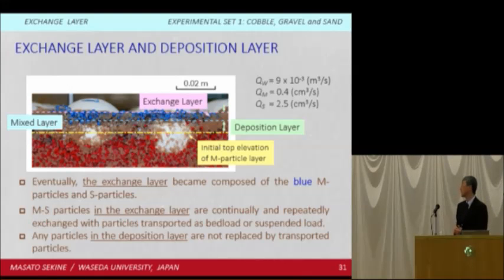MS particles in this exchange layer are continuously and repeatedly exchanged with particles transported as bed load or suspended load. But any particles in the deposition layer are not replaced by transported particles.